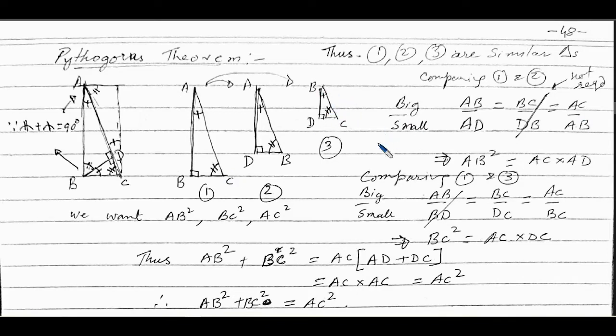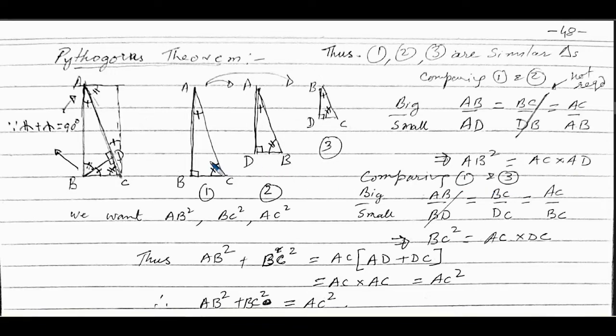Because they are similar triangles, they will have the same ratio between their corresponding parts. So what I require are some squares. I can see AB here and AB here, so AB is common. So AB square is equal to AD into AC. So I write AB square is equal to AC into AD.